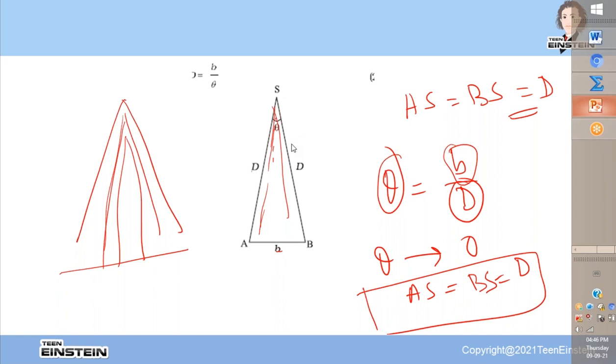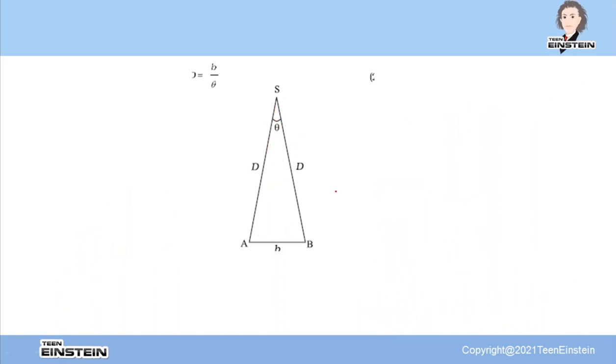Suppose this is the moon. I need to find out the diameter of the moon from the earth surface. So how to do that? We'll be using the parallax method. Suppose I have used the parallax method to know the distance of the moon from the earth. I have got this distance practically.